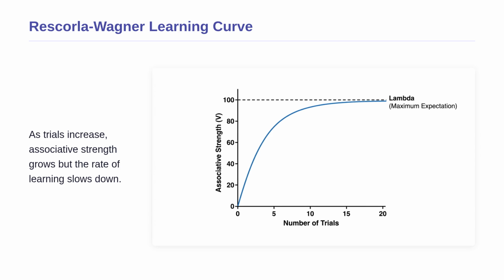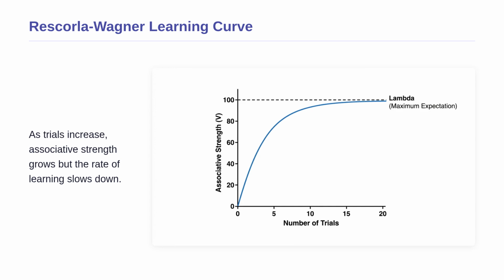To visualize what we just calculated, let us look at the Rescorla-Wagner learning curve. On the horizontal axis, we have the number of trials, and on the vertical axis, the associative strength, V. The dashed line at the top represents lambda, the maximum possible expectation.